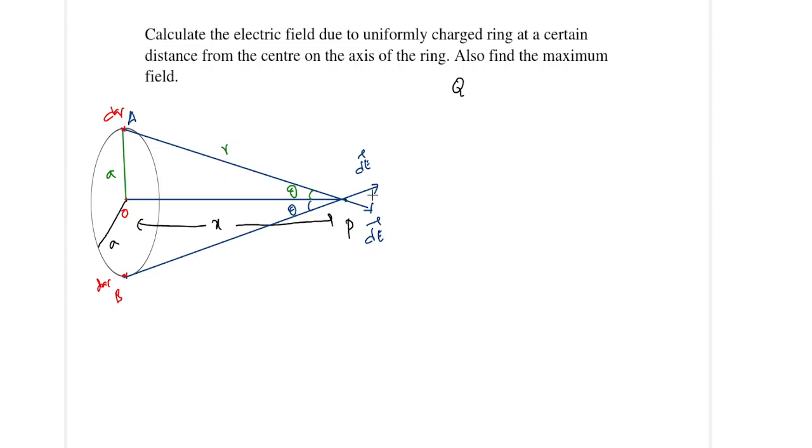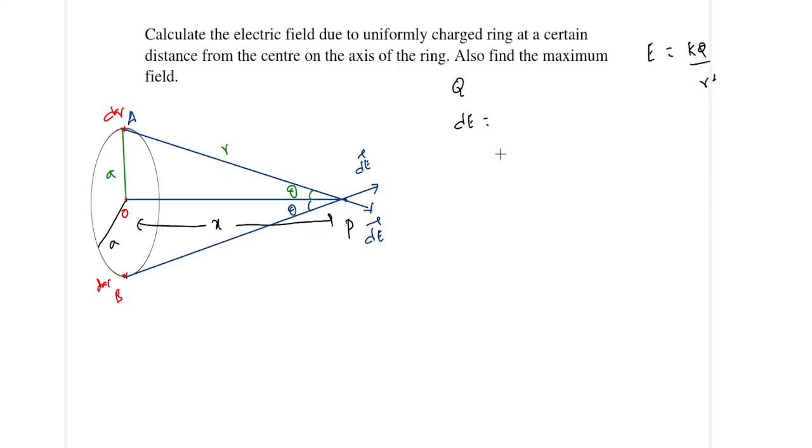The field because of this element and this element would be the same in magnitude because the distances are the same and also the charge is the same, but they are in different directions. We'll first find what this dE itself is. Due to any one element, if you recall the electric field due to a point charge, it is given as kQ by r square.